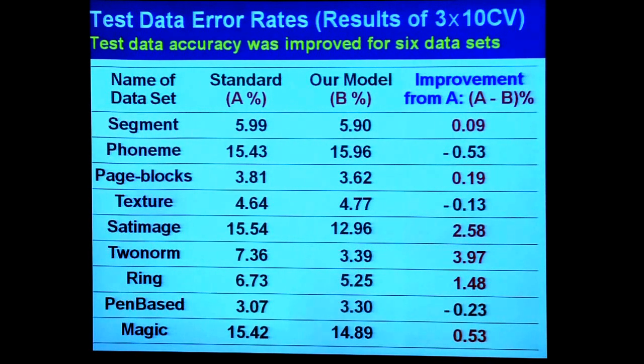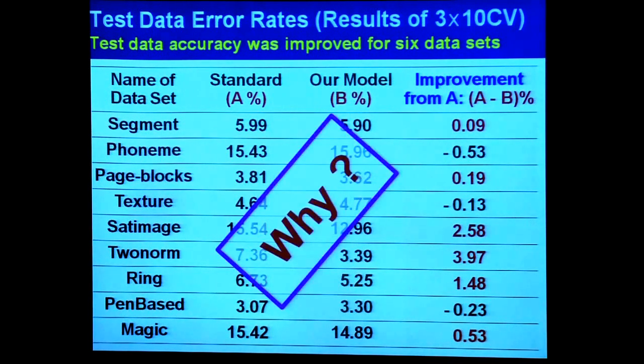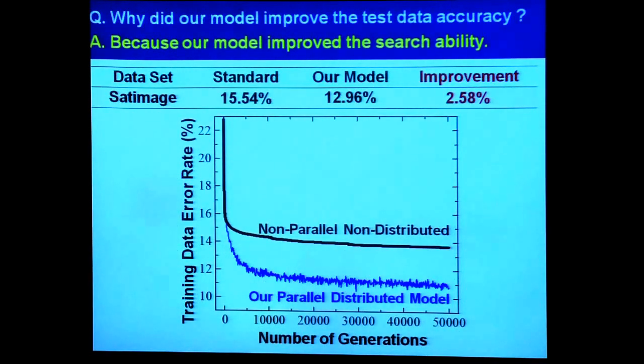The red font means improvement, and minus means the degrade of the test data accuracy. Out of the 9 data sets, we obtained improvement for 6 data sets. Why? It's very difficult to say. But the result shows that our model improves the searchability of evolutionary computation.